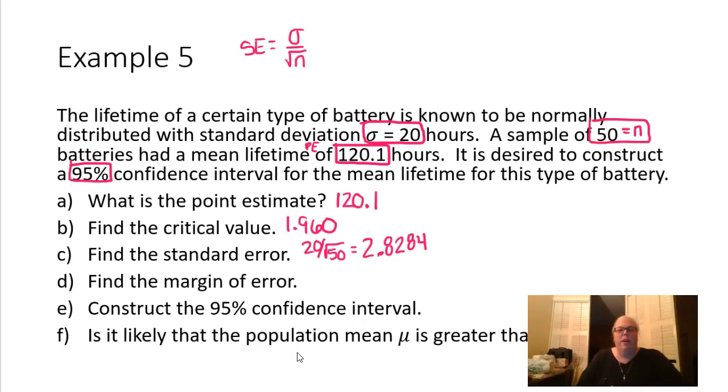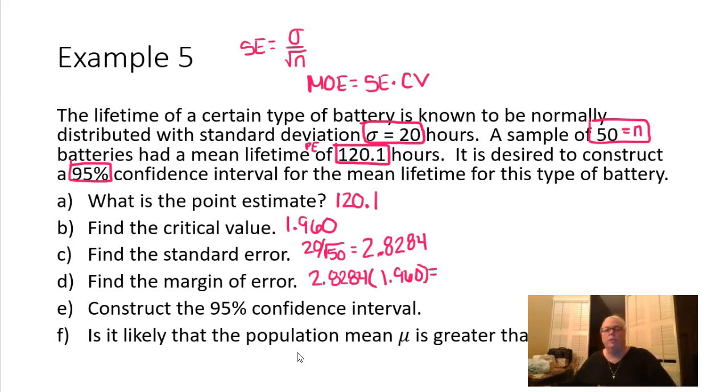Part D, find the margin of error. Our margin of error formula was just to multiply our standard error, whatever it happens to be, times the critical value. Well, the critical value we found in Part B, the standard error we found in Part C, so the margin of error is going to be 2.8284 times 1.960.